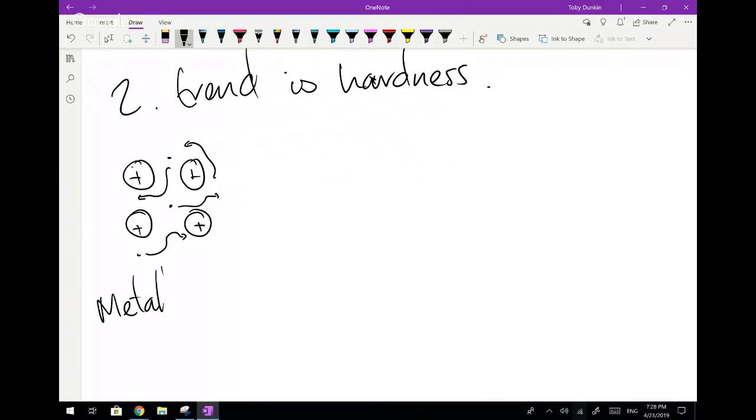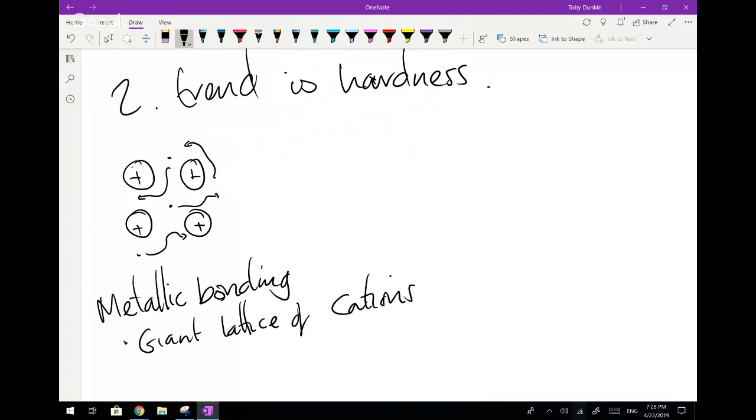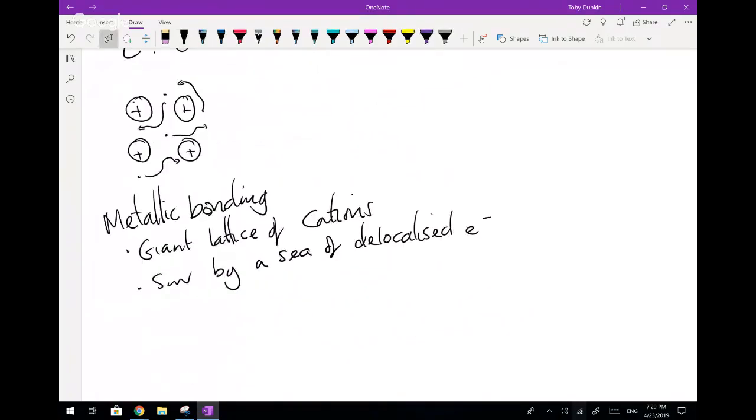So metallic bonding, the key thing to remember is that we have a giant lattice of cations surrounded by a sea of delocalized electrons. And of course, these electrons are able to move through the structure and hence conduct electricity. This is called metallic bonding.